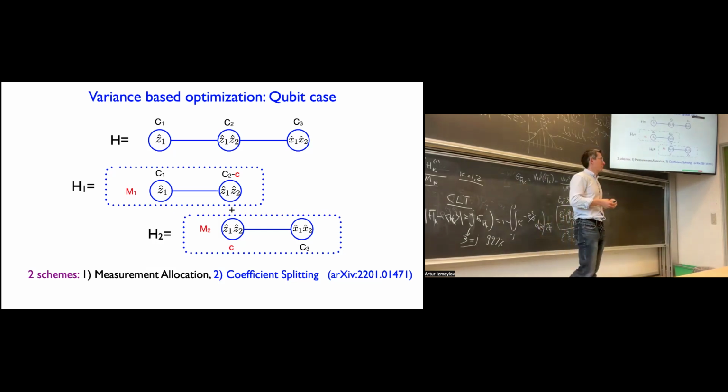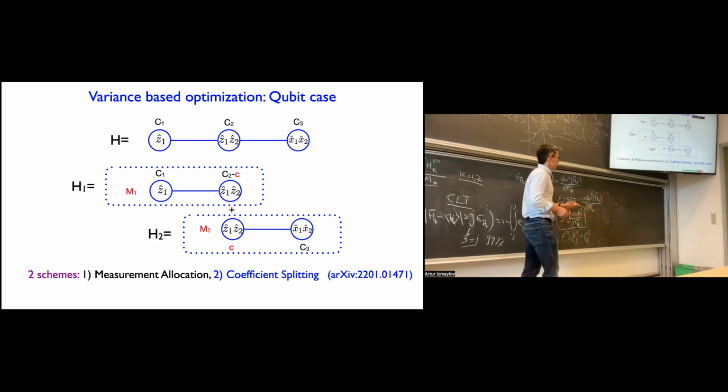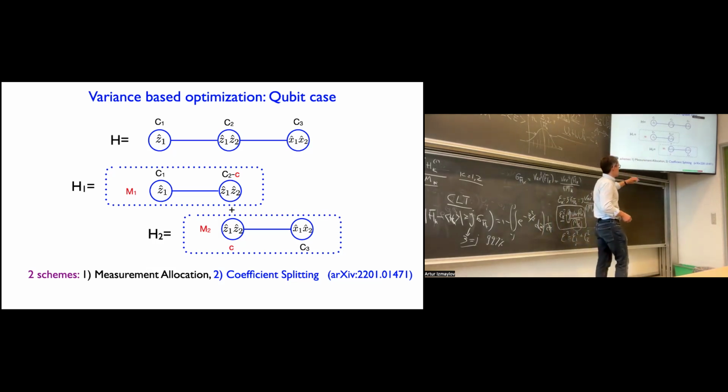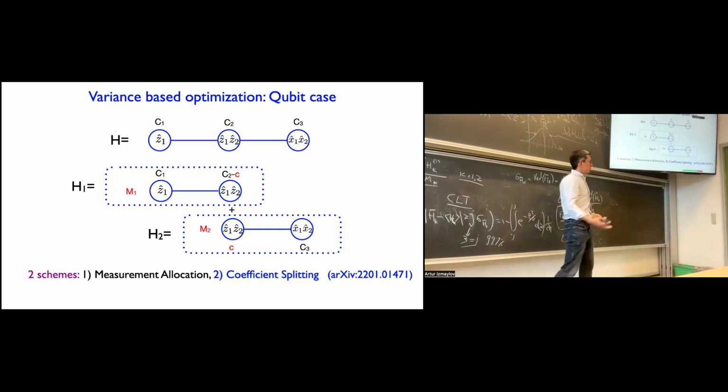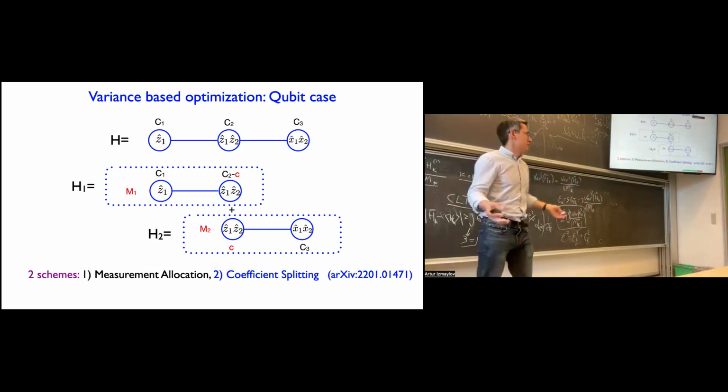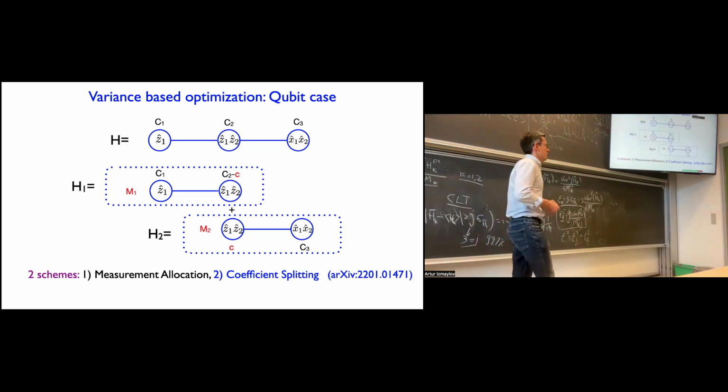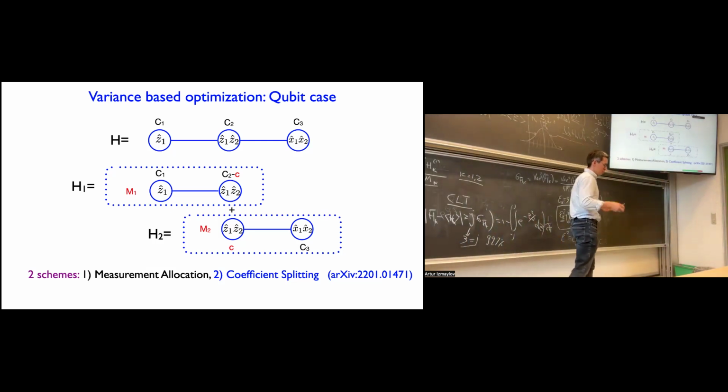That's what we're playing with here, right? And we have these two schemes. One is somewhat simpler. Another is exactly what I just described, so-called coefficient splitting, and they improve the variances that were coming from forming the commuting sets of Pauli products.